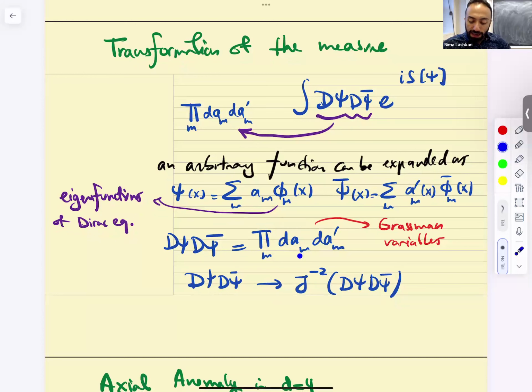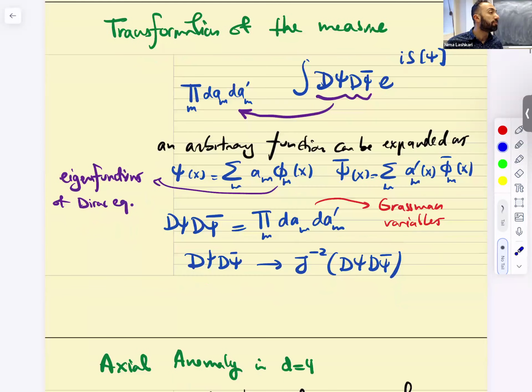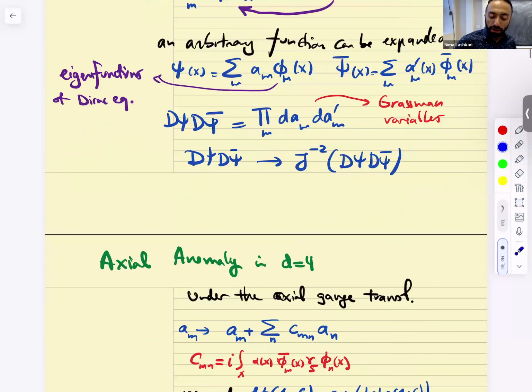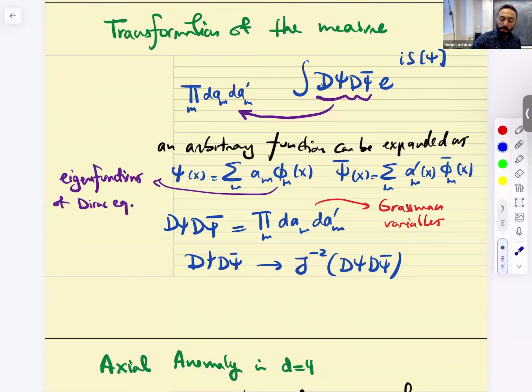So you end up with da_m and da_m prime. It's good to play around with this and get used to what gamma 5 and psi bar mean. These are Grassmann variables because these were just the eigenfunctions of the Dirac equation, and psi's are anti-commuting fields, so we'll have to do Grassmannian integrals. But hopefully you remember that from QFT1.